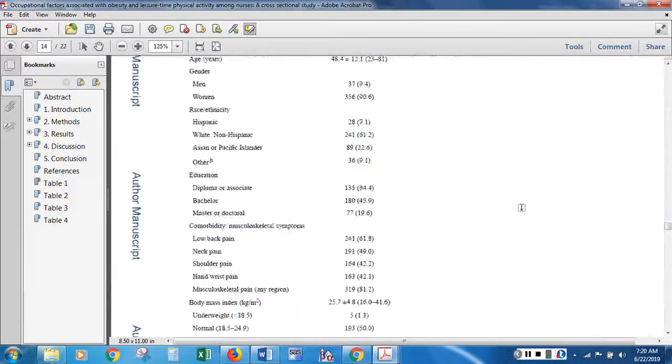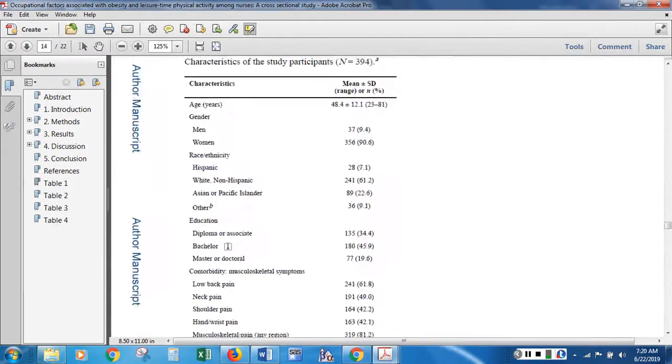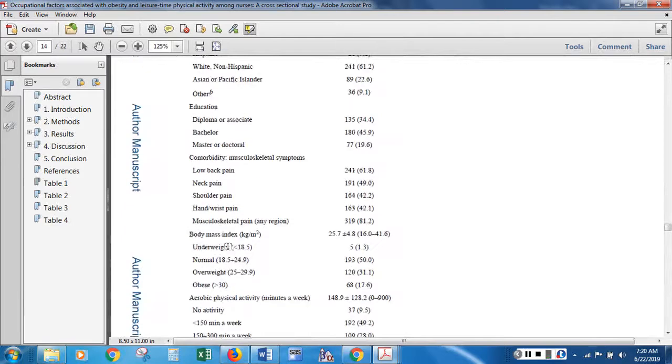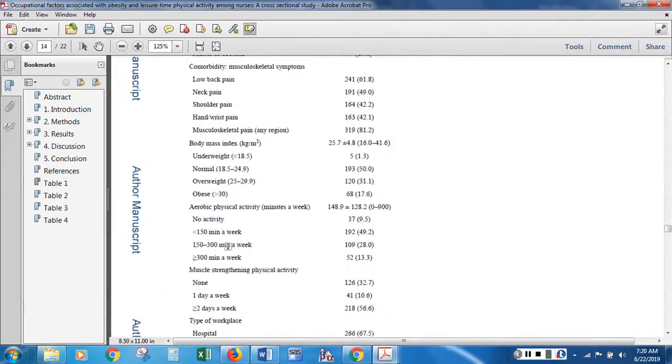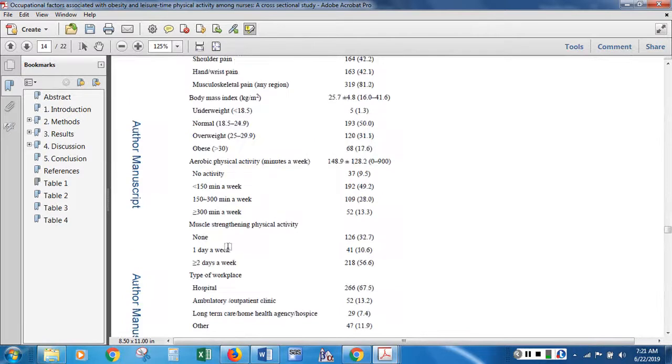Table 1 gives us a description of the participants. We can see we collected age, gender, race, education status, comorbidities, body mass index, aerobic physical activity, muscle strengthening physical activity, type of workplace. So all these variables were collected. How were they collected?